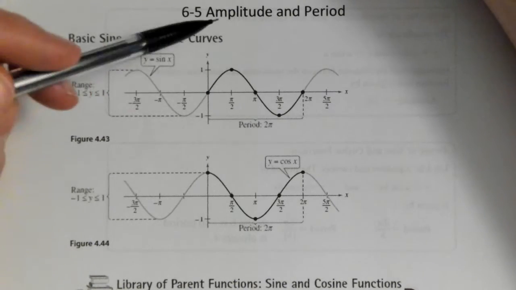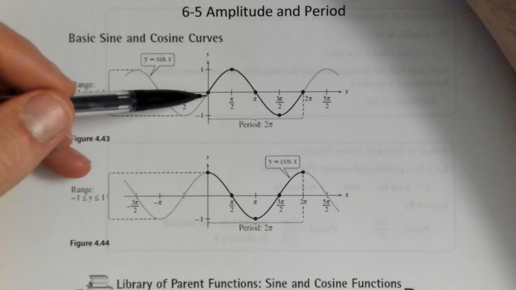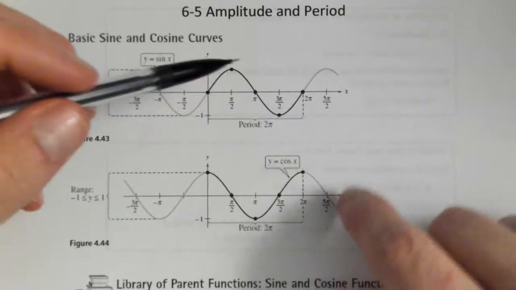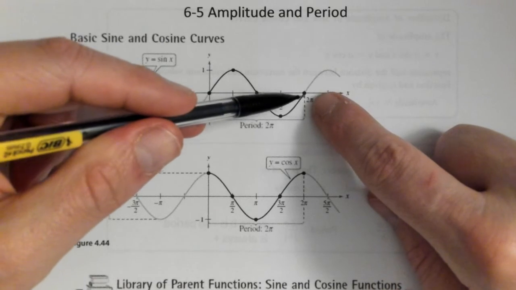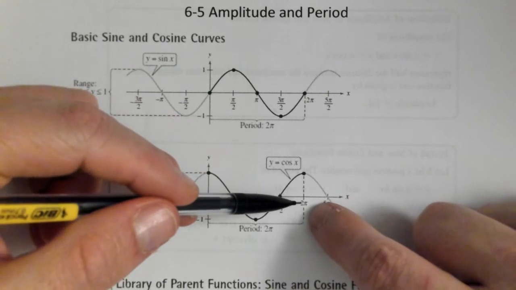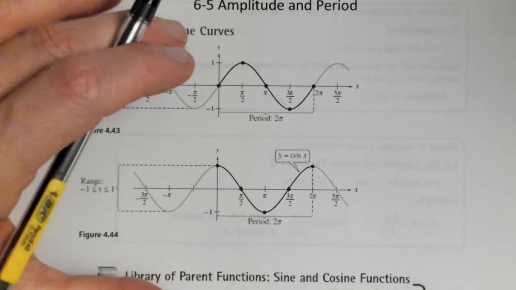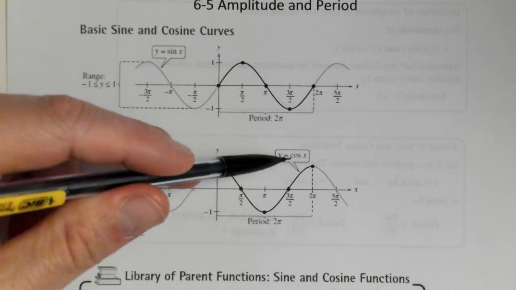And the period is the amount it takes to make one full cycle. In both cases, for sine and cosine, one full cycle is completed at 2 pi. So 2 pi would be the period in this case as well, to complete a full cycle of sine and cosine. And the amplitude for cosine is also 1 in this equation.